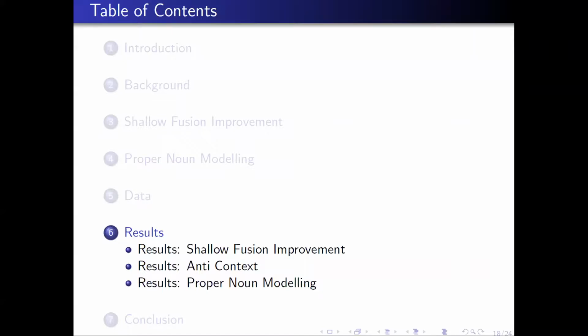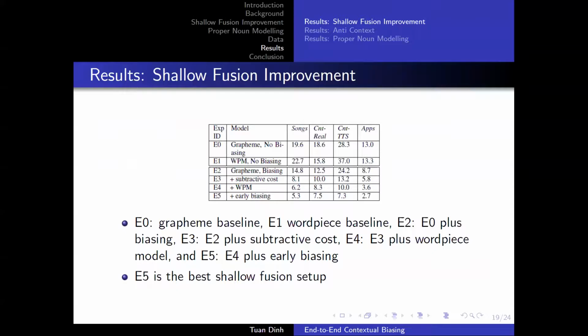This section shows the results of shallow fusion improvement, anti-context evaluation, and proper noun modeling. The table shows the word error rate of shallow fusion improvement. E0 is a grapheme baseline. E1 is the wordpiece baseline. E2 is E0 plus contextual biasing.